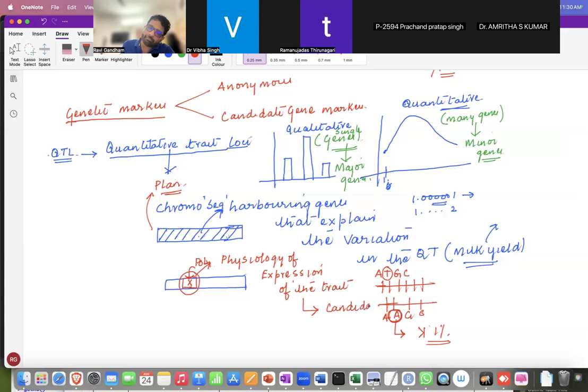What is a candidate gene? A candidate gene is the one that explains the physiology of expression of the trait and harbors polymorphism within the gene, in the population, and which can be easily detected.